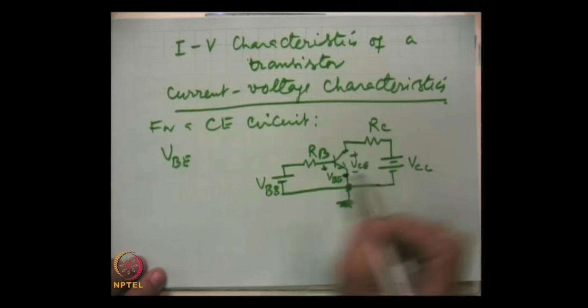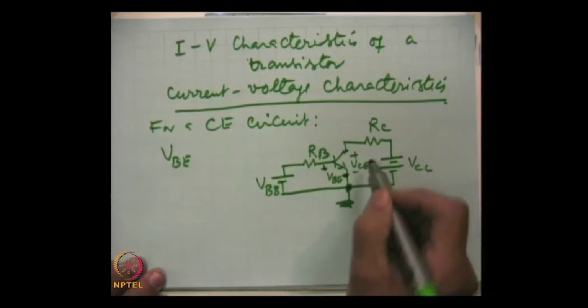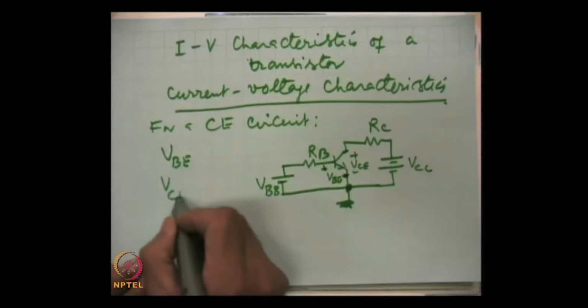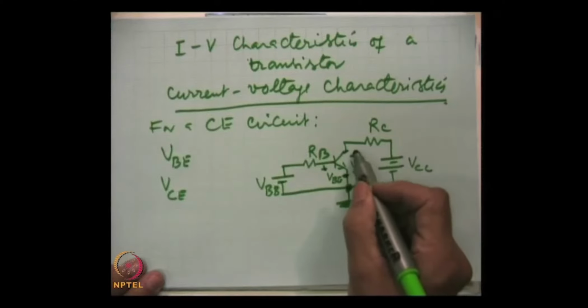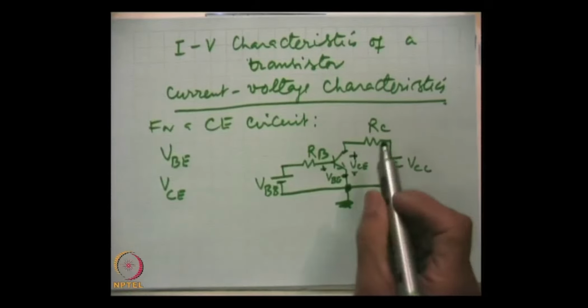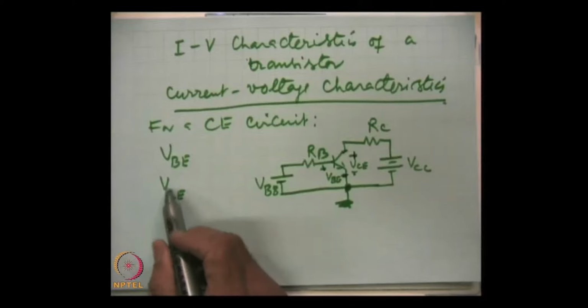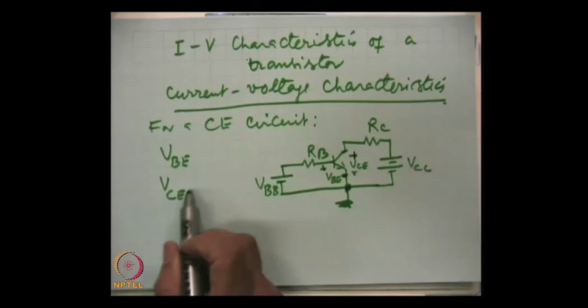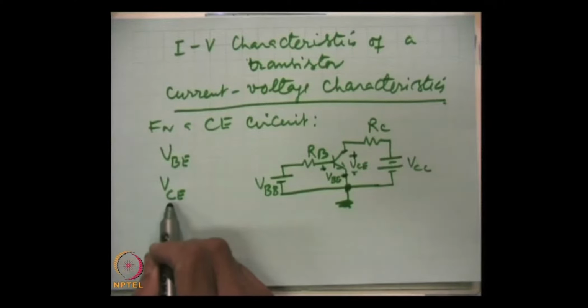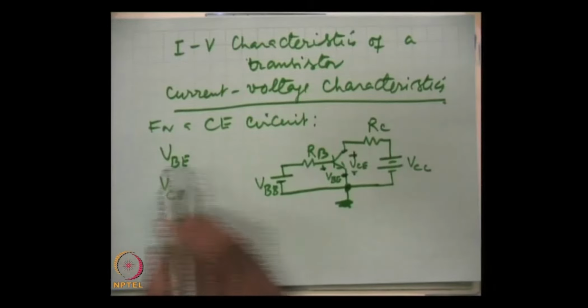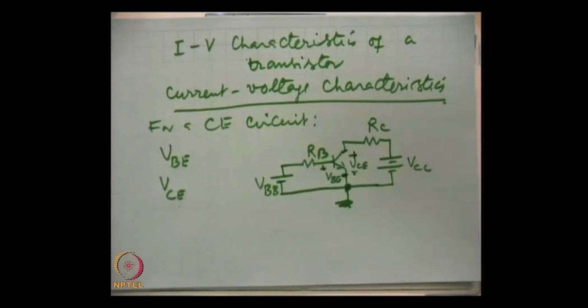Similarly, here this is VCE, and look at the polarity plus minus, and this is the voltage between the collector and emitter. So, let us be familiar with this.